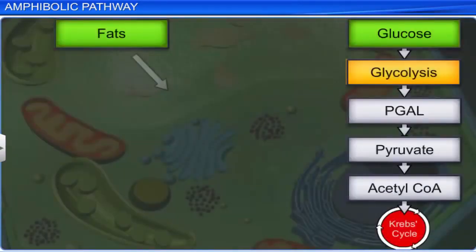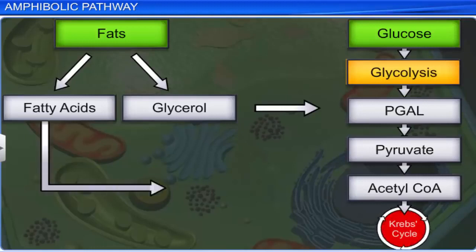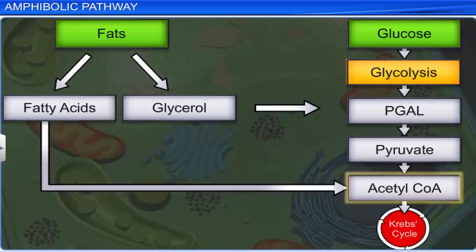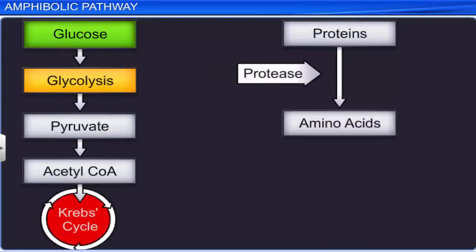Now, let's see how fats and proteins are utilized as respiratory substrates. Fats are first broken down into glycerol and fatty acids. Glycerol is then converted into PGAL, an intermediary substrate of glycolysis. In the same way, fatty acids are broken down to form acetyl coenzyme A, an intermediary substrate of the Krebs cycle. Similarly, proteins are broken down by protease enzymes into amino acids.